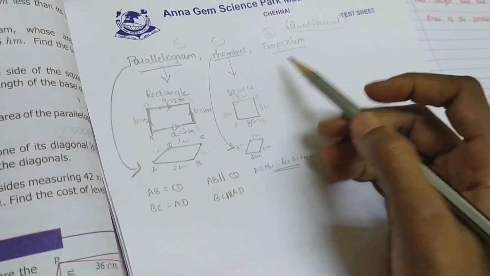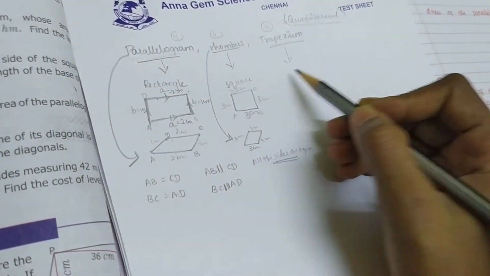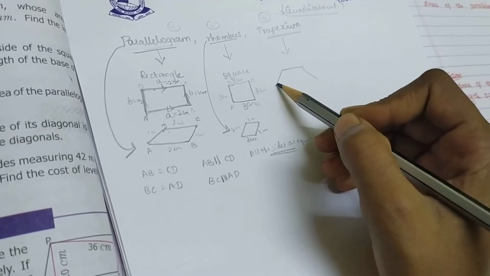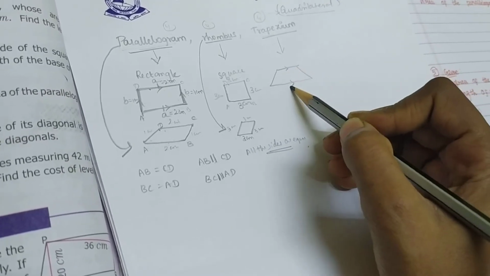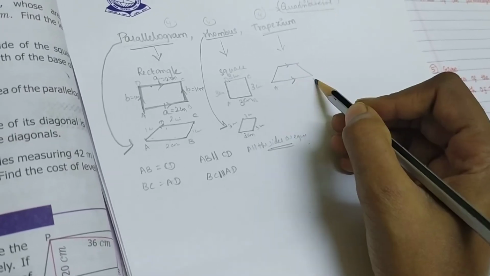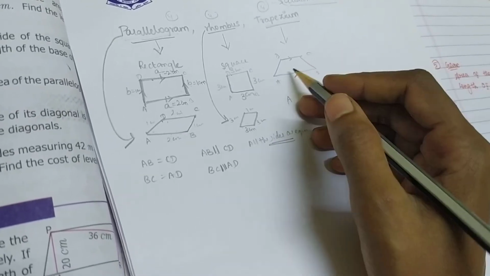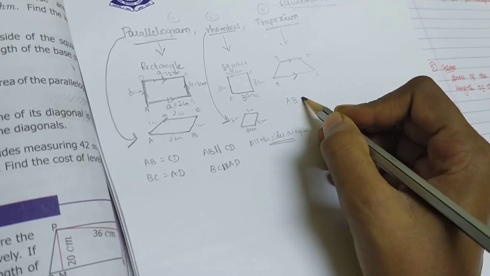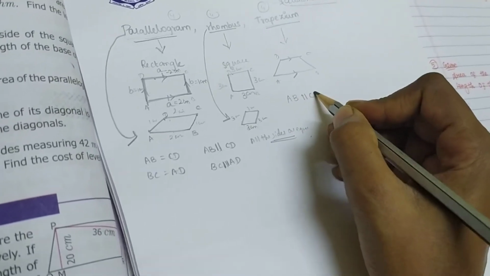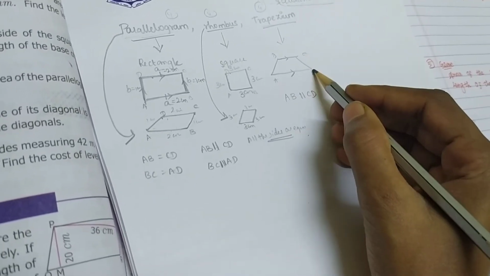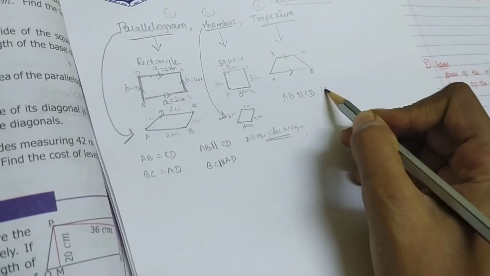Then what did we learn in the trapezium? In the trapezium we have A, B, C, D, a new figure, like a boat. AB is parallel to CD.